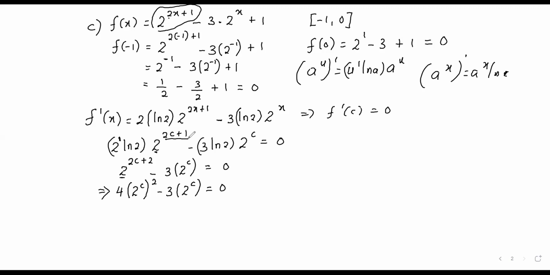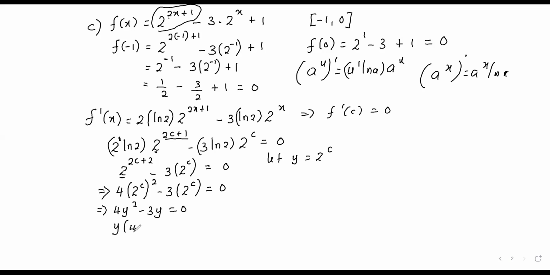So 1 plus 1 there becomes 2, and then from here 2 to the power 2c and 2 to the power 2. The 2 to the power 2 has become 4. And then the 2 to the power c can be written in brackets, and then the power goes outside. So now we say, okay, let y be equal to 2 to the power c, so that we get 4y squared minus 3y is equal to 0.